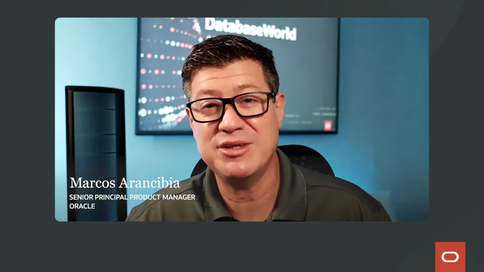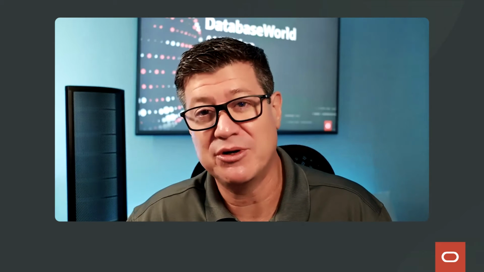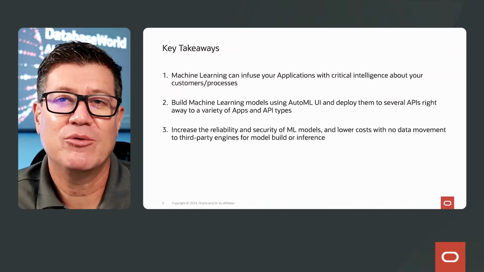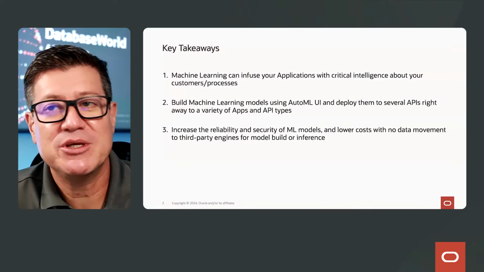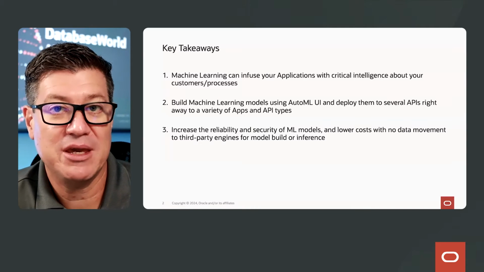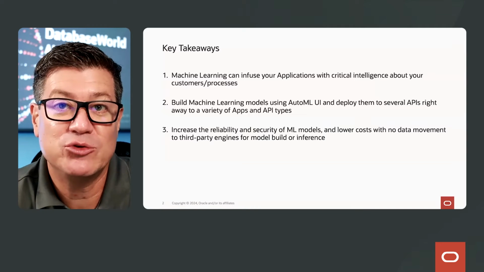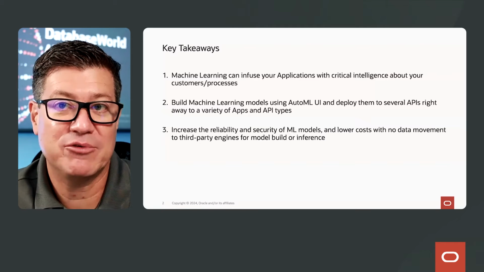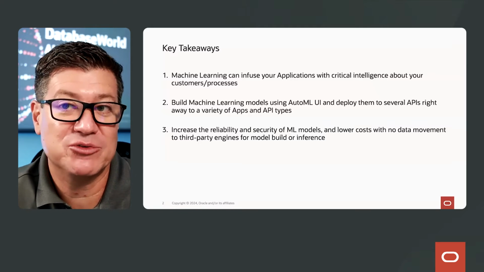And today we're going to see how to make your application smarter with the use of Oracle Machine Learning and AutoML. The key takeaways for today: you're going to see how you can make use of machine learning and infuse that into your applications. That makes it much better for any of your analysis of customers and processes.